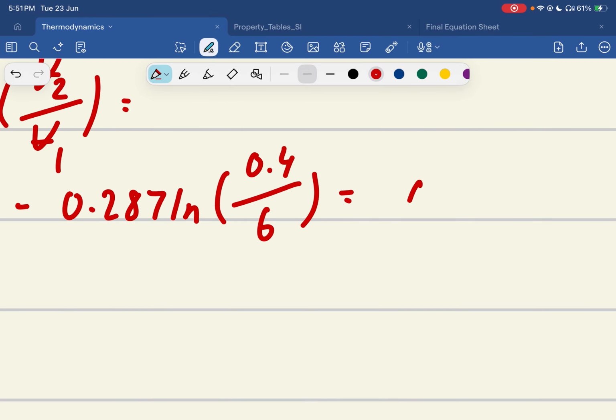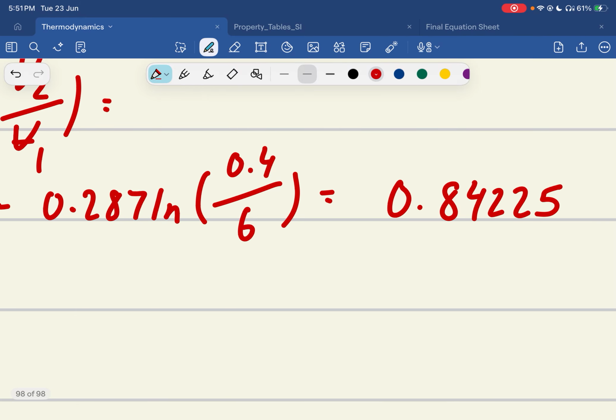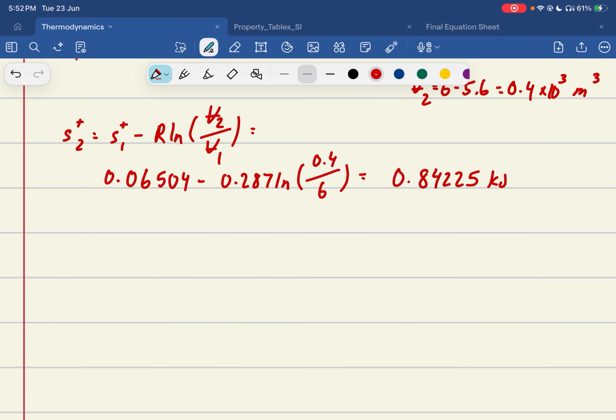And that equals 0.84225, and that's in kilojoules per kilogram Kelvin. From this S plus 2, we can find T2 and we can find U2.